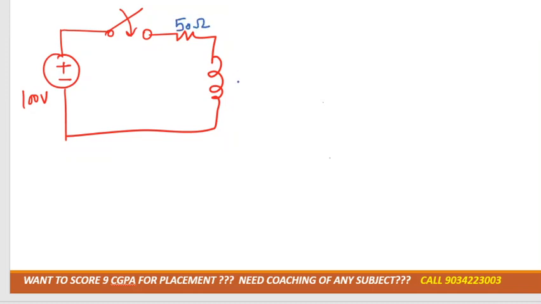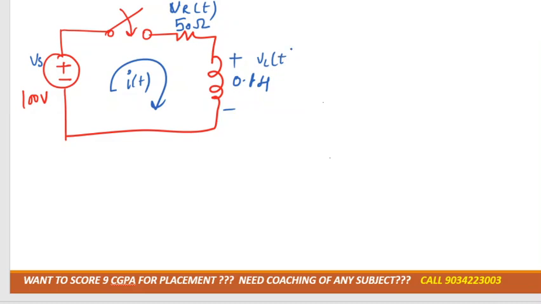This is 50 ohm, this is 0.1 Henry, this is 100 volt. At t greater than 0, current is flowing, I of t. Again, this is VR of t, this is VL of t, right? In case of inductor, I told you that IL of 0 minus would be equal to IL of 0 plus. Yes or no?